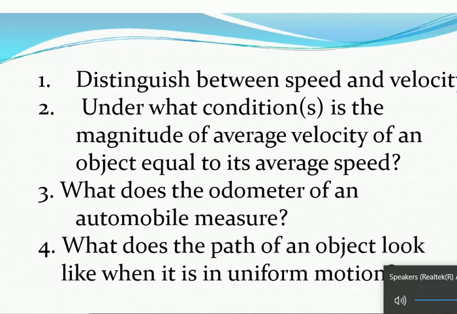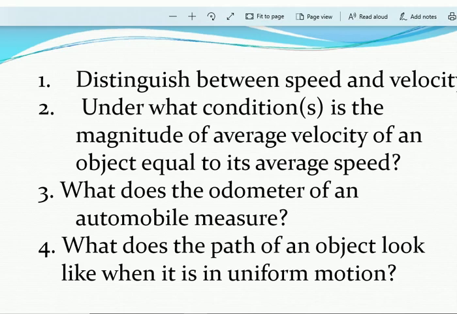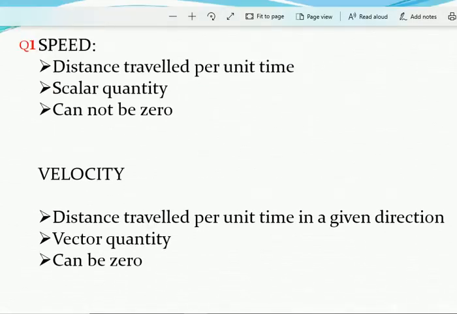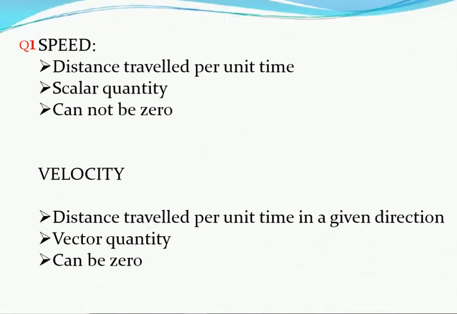So the first question was distinguish between speed and velocity. So here is the answer. Speed is distance traveled per unit time. Velocity is distance traveled per unit time in a given direction.